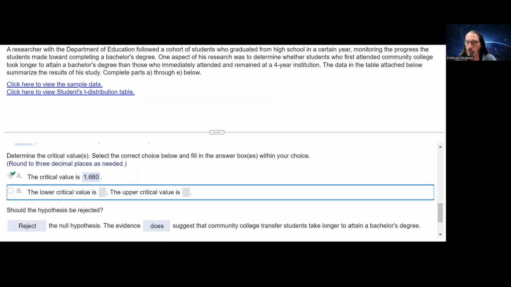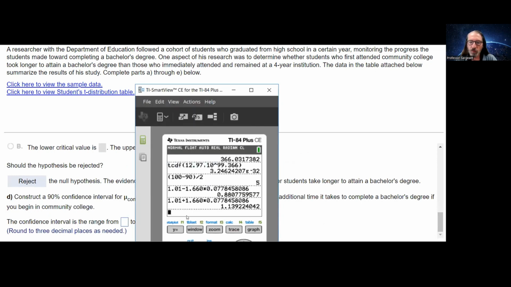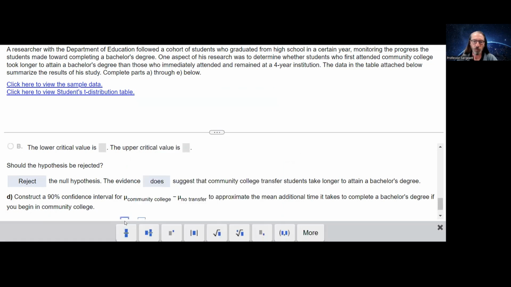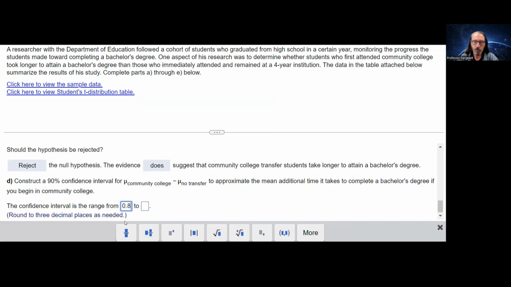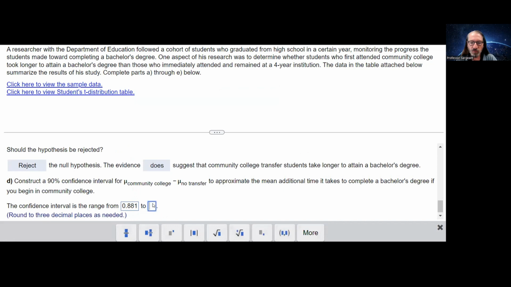And they want us to round to 3 places. So 0.881, since the 7 in the 10,000ths place would round this up to a 1 in the thousandths place. 0.881 for lower bound. And 1.139 rounds down.